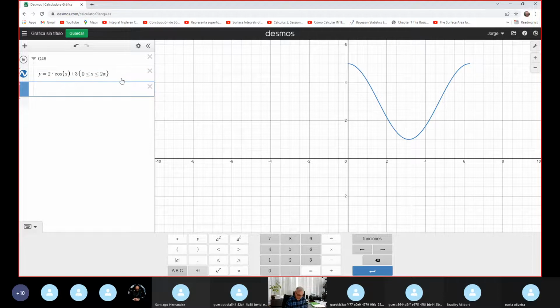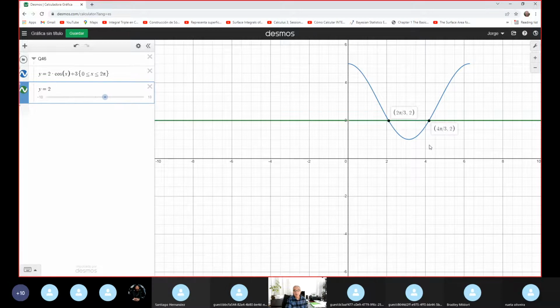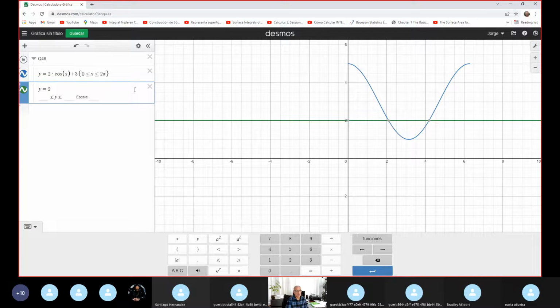On the other hand, I have y equals 2, which is a constant function. The intersection between the blue and the green is that point, the famous point, boom, boom, which you see is 2 pi over 3 and 4 pi over 3. Now, just in case, I like to put the points. The points are 2 pi over 3, comma 2.